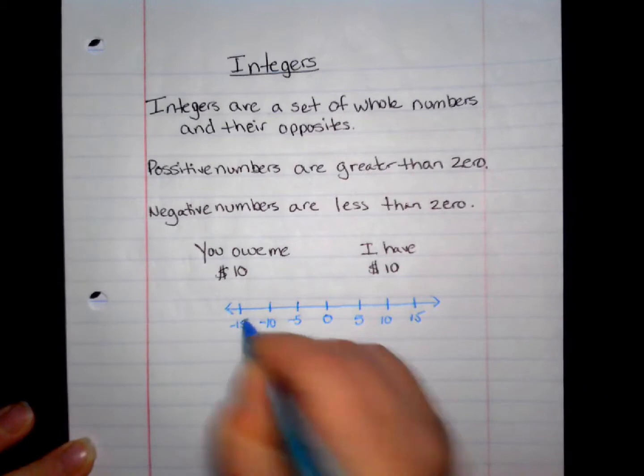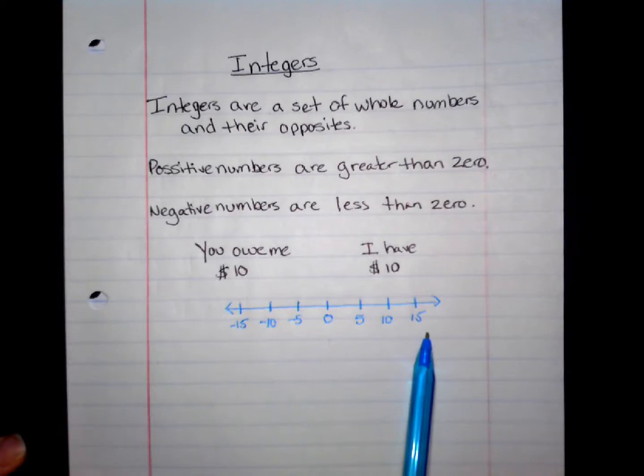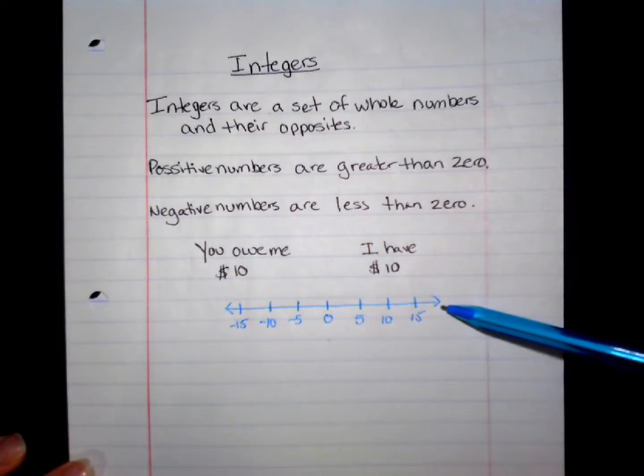-15. Notice that when I did my positive numbers, they were on the right side of my number line and they grew. They grew from 0 and they went up.